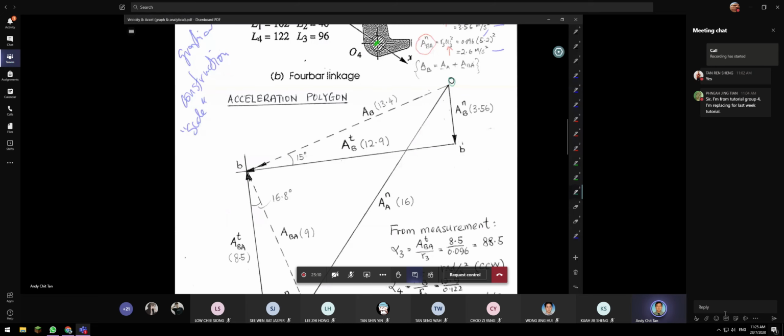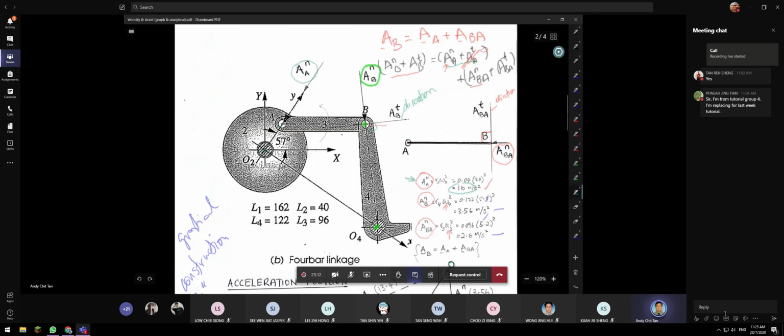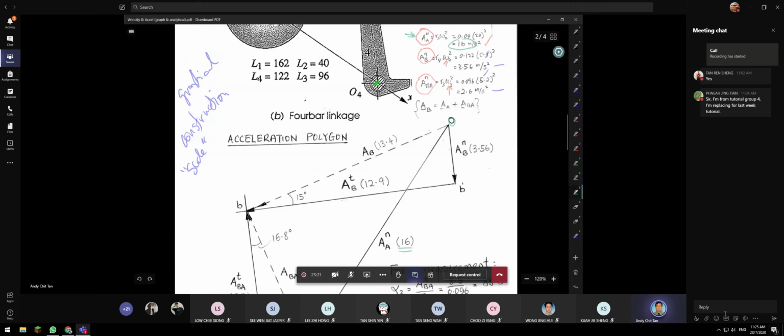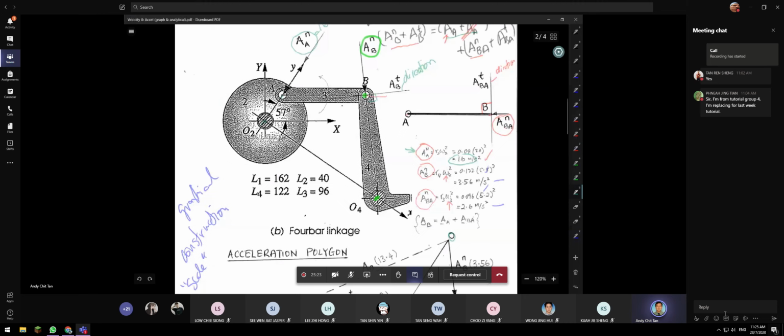Okay. So acceleration of A, we just found out this is equal to 16. I draw this here, 16, parallel to this link here.